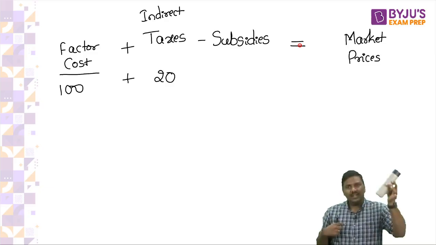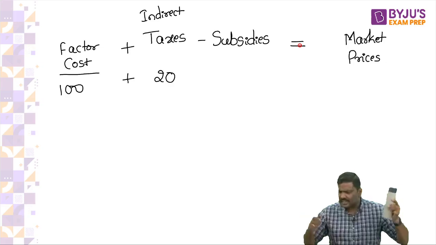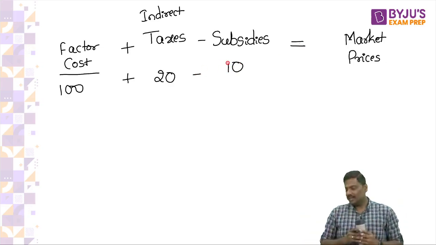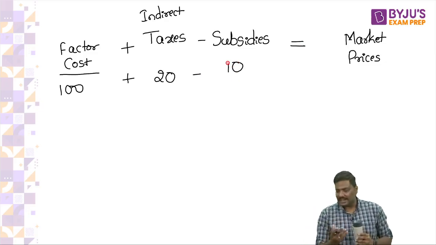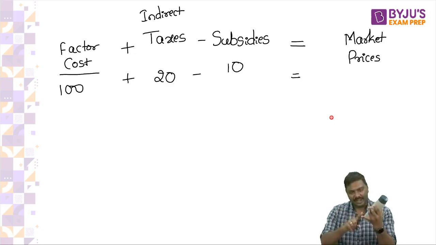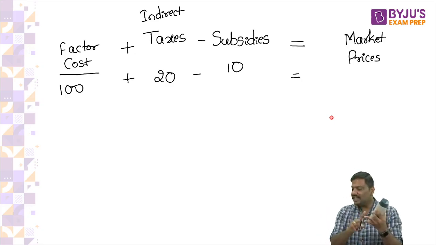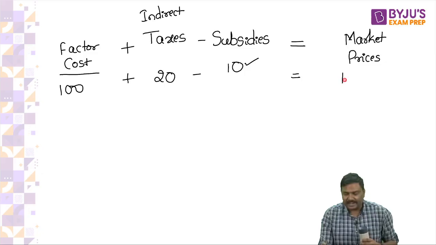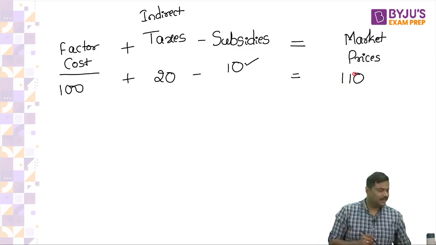So will it reduce the cost of the bottle? Of course, yes, it will. Can I write it like this, minus 10? So what is the market price? You have adjusted for taxation and you have also adjusted for a subsidy of 10 rupees. Now you will be selling it in the market at 110 rupees.